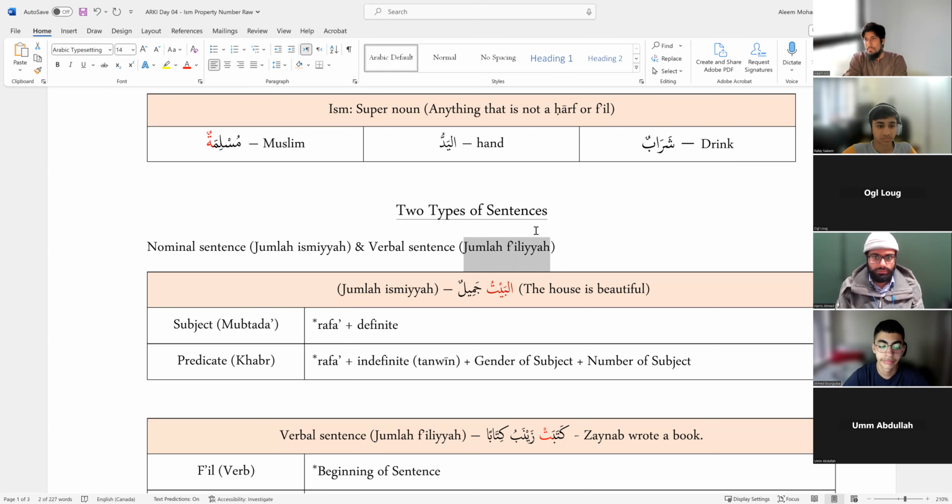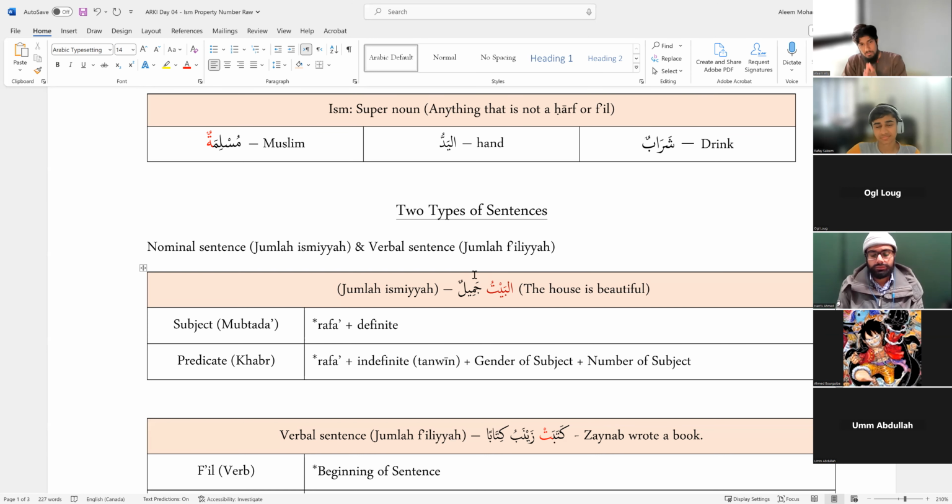Okay, good stuff. So we determine what type of sentence it is based on the word it begins with. If it begins with an ism, then it's a jumla ismiya, right? It's a nominal sentence. If it begins with a verb, then it's a jumla fi'liya, right? So the beginning will tell the story of the sentence.